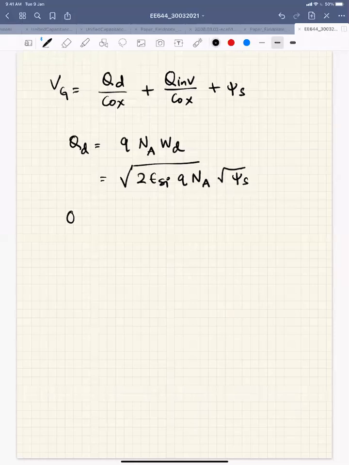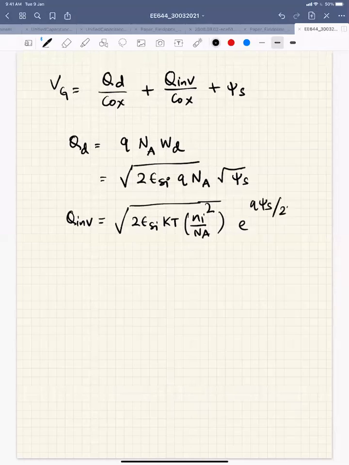Similarly, Q inversion we have also derived, and this is root over 2 epsilon kT ni square by Na, e to the power q psi s by 2kT, right? This is the relationship for the inversion charge. Q inversion is exponentially related to psi s, but the depletion charge has a root over psi s relationship, right?